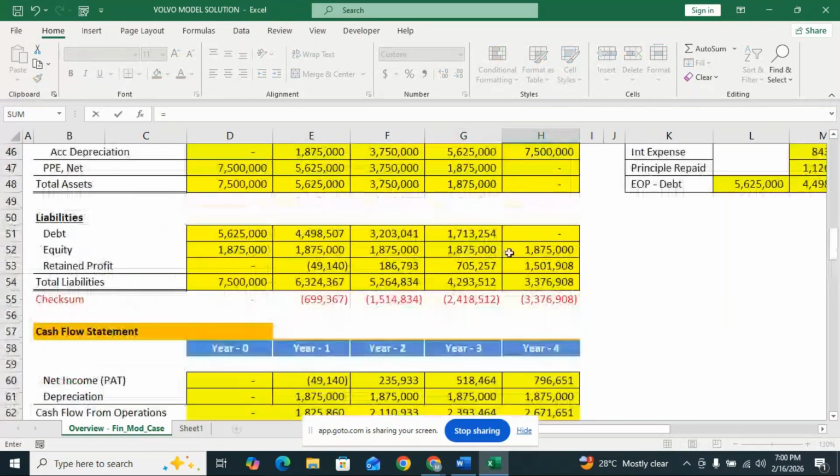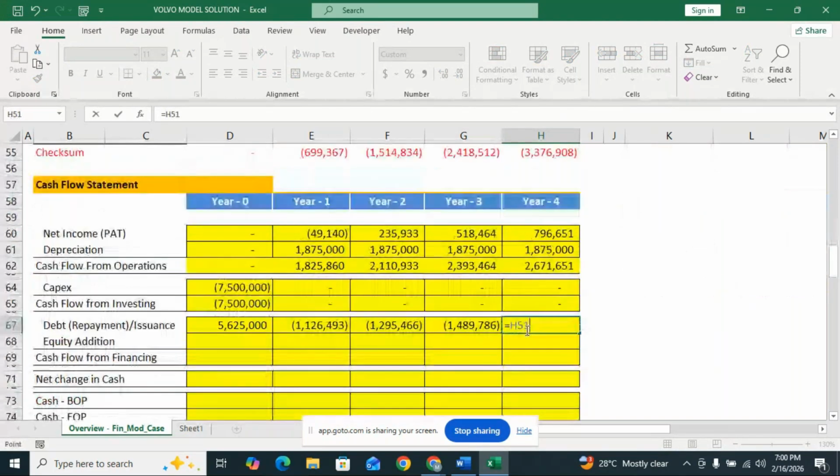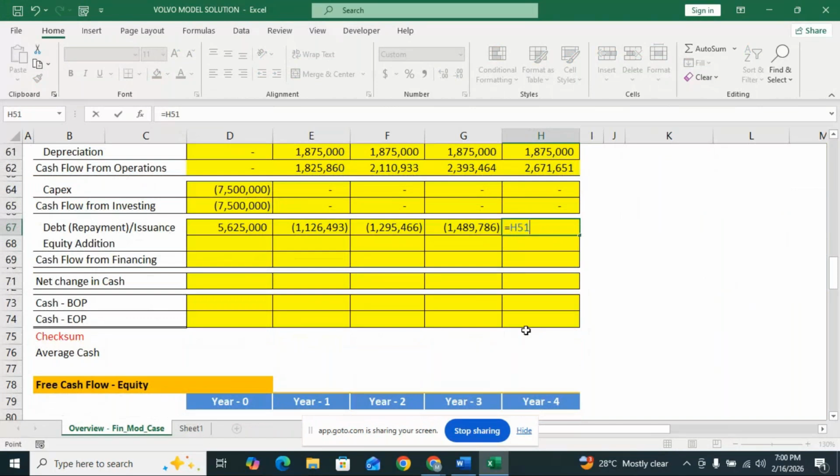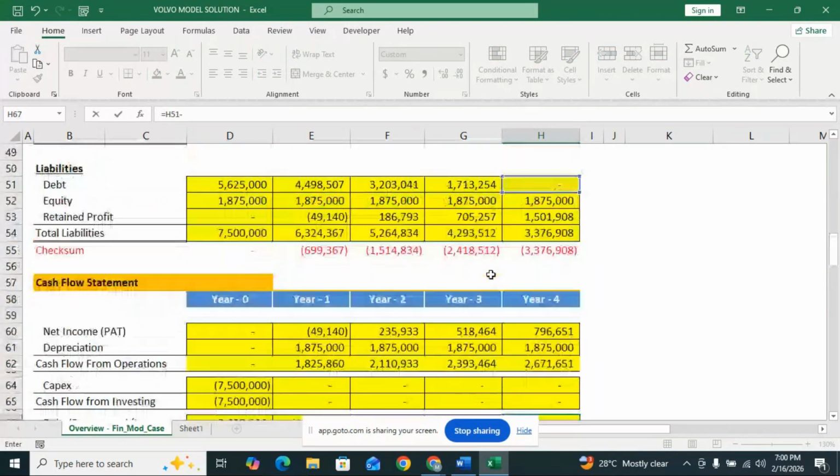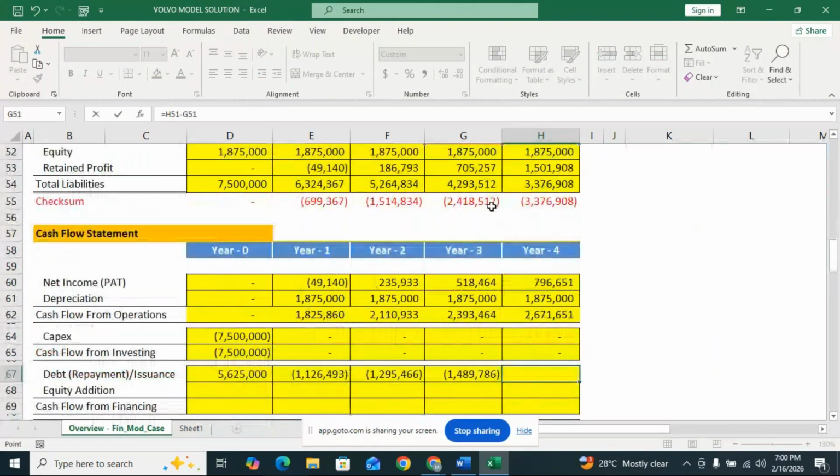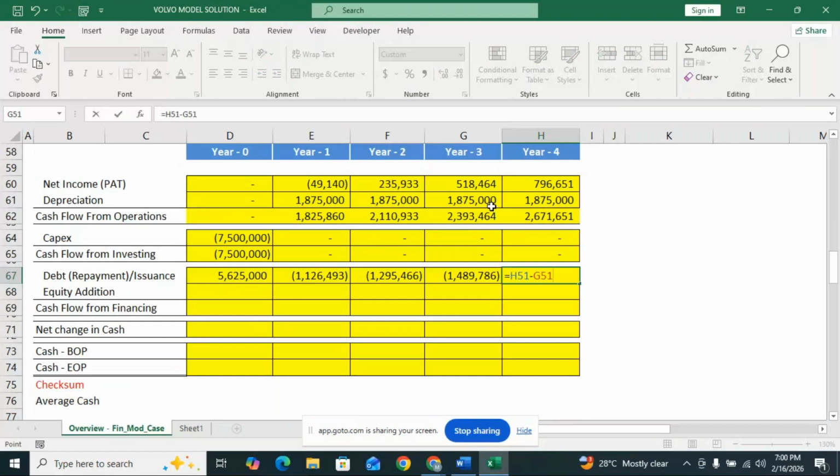Equals to year 4 minus this. So like this you're supposed to calculate the debt repayment.